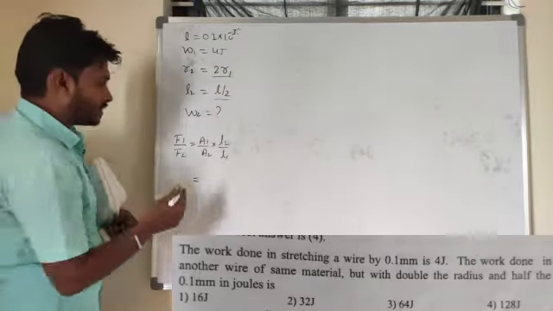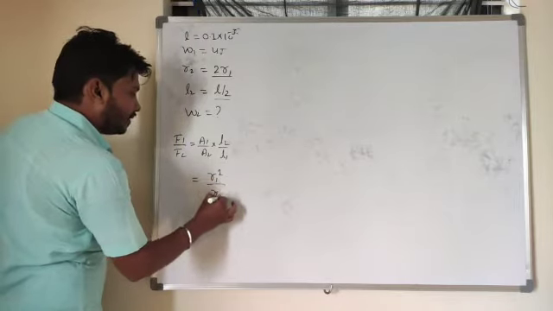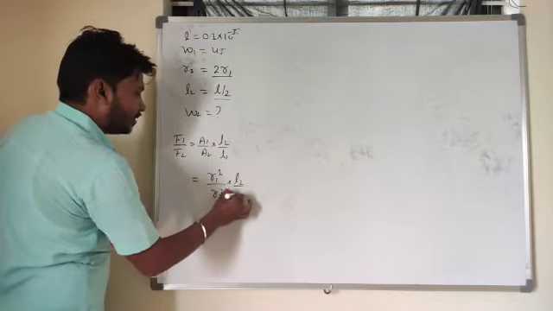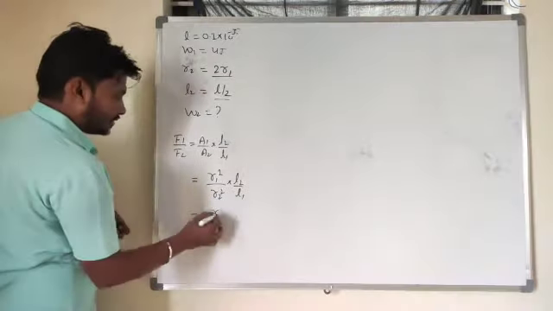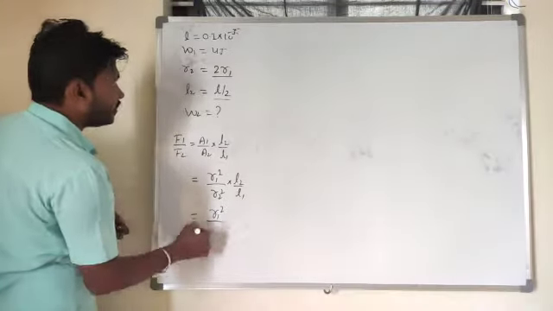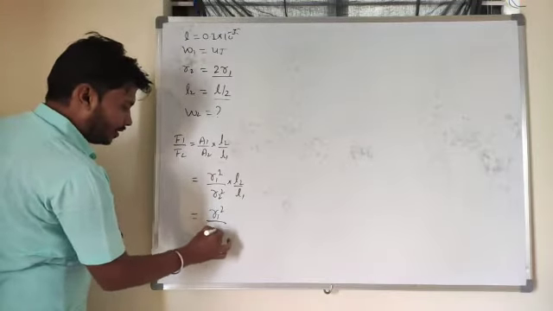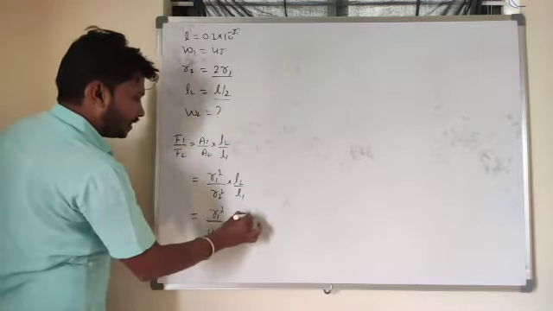Area means pi r square. So R1 square divided by R2 square into L2 by L1. R1 value is R, sorry, R1 square. R2 value is what? 2R whole square, or 4R1 square, into L2 value, which is L by 2.